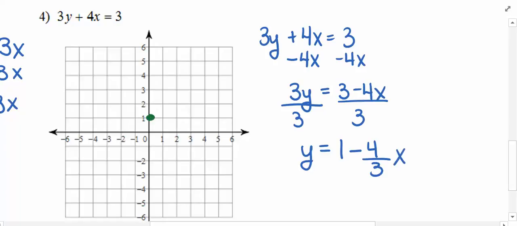Y-intercept is 1. Slope is negative 4 over 3, so go down 4 over 3. No space to go down 4 over 3, so remember I can go also up 4 and then back 3. There's your line. Okay, so I think that was all for my examples.